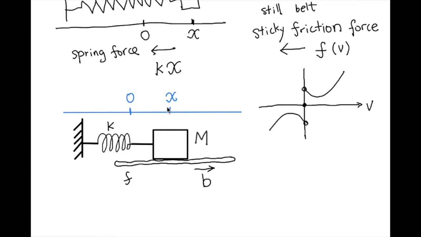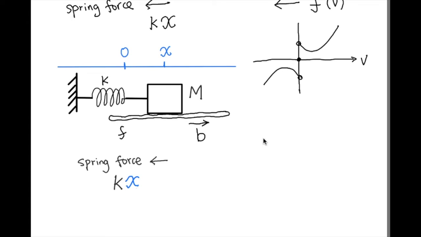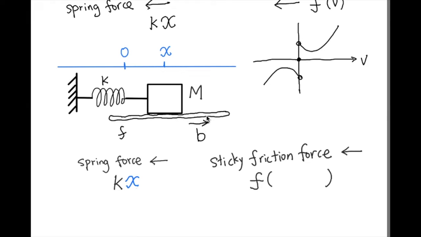The variable here is x, and it describes how far the spring is stretched to the right, away from its relaxed position. So the spring force is to the left, which is kx. The sticky friction force from the belt is also to the left, because we are imagining that the box is moving to the right relative to the belt.